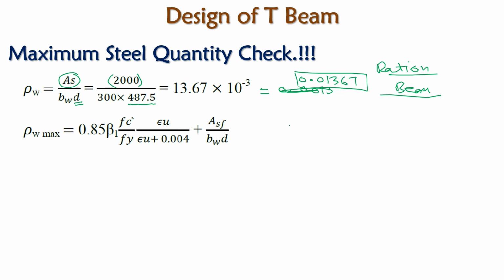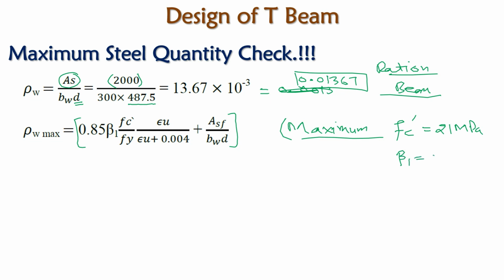To calculate the maximum amount of steel to be used in the beam, we use this formula. Fc prime, the compressive strength of concrete in this case, is 21 megapascals, and we will use beta 1 equal to 0.85.